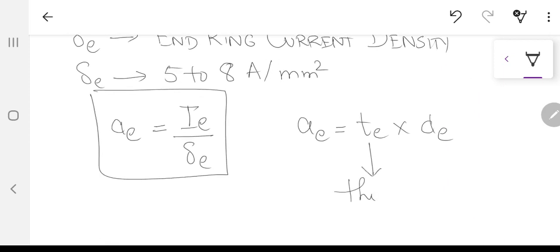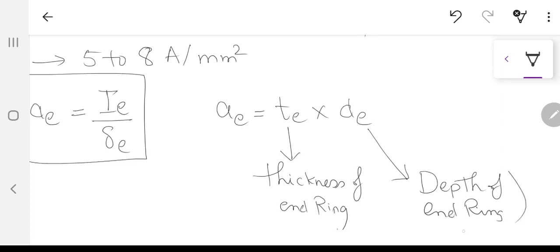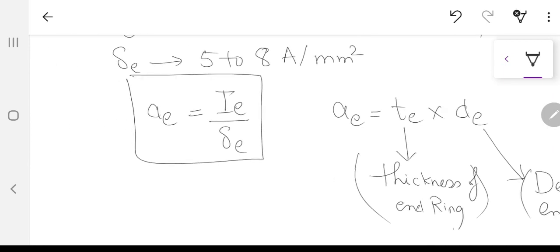This is the thickness of the end ring, and this is the depth of the end ring. You have to select both of these values depending upon how your cage is being done. And when you have selected them, the whole rotor design is almost complete.